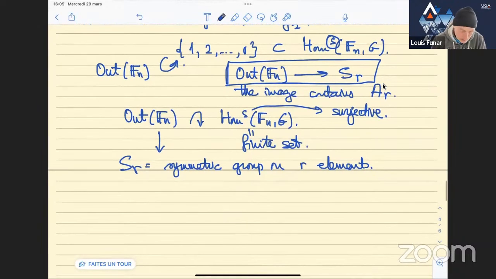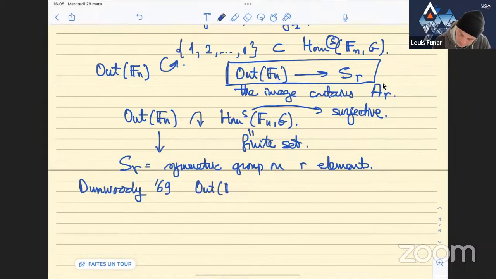What is known? Well, it's known again that Dunwoody, I think it's in 69, proved that the action is transitive. Out Fn acts transitively.